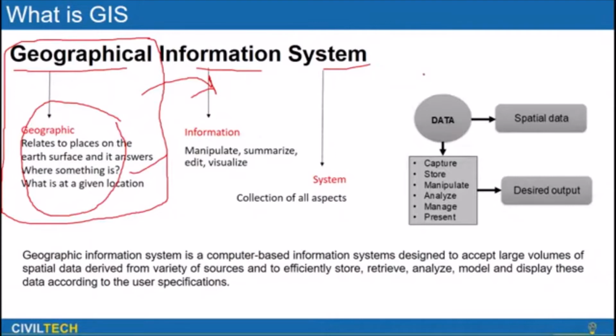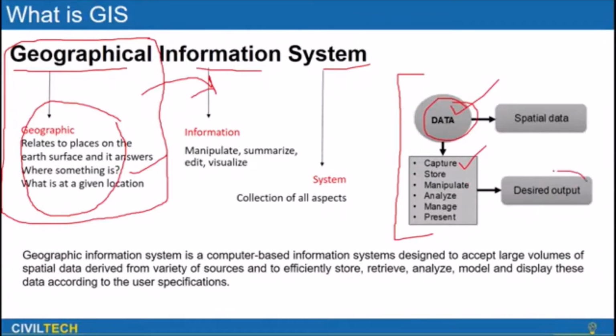So just to visualize what exactly GIS is, we are playing with spatial data. Whenever you come across the word data in GIS, it means by default it is spatial data. Once I collect the spatial data, I capture it, store it, manipulate it, analyze it, manage it, and finally, as a GIS planner, we provide a map as an output to the end user.